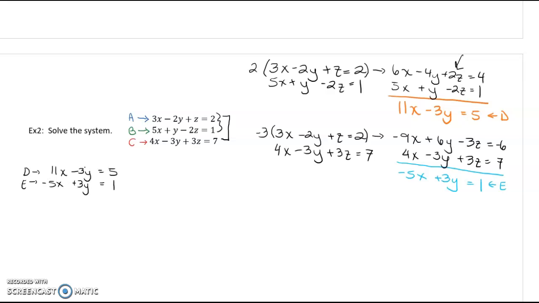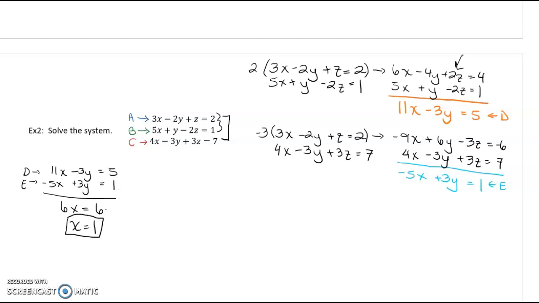Now normally you'd have to multiply again, but you don't have to because the y's are already ready to go, which makes this a little easier. And then we're going to add down, so 6x equals 6, which means x equals 1. So I have one of my answers.